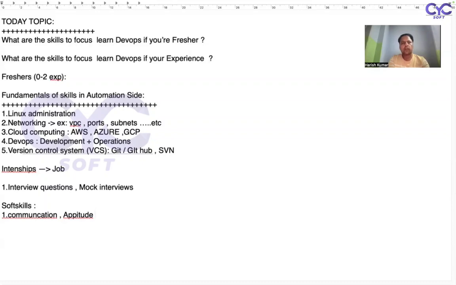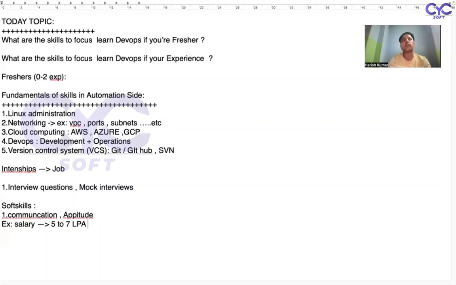Coming to the part of what the package is for freshers: if you want to get a job, what is the package for freshers? Those who are freshers, you can expect your salary, for example, guys. The salary for freshers should be around 5 to 7 lakhs LPA.